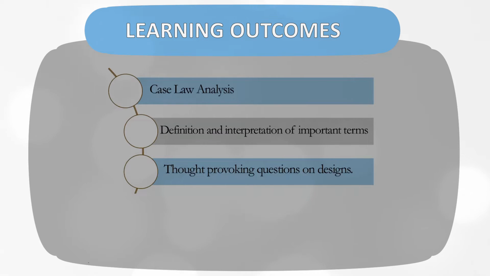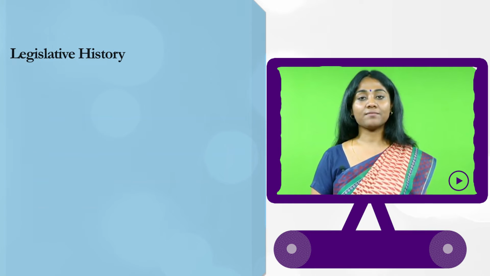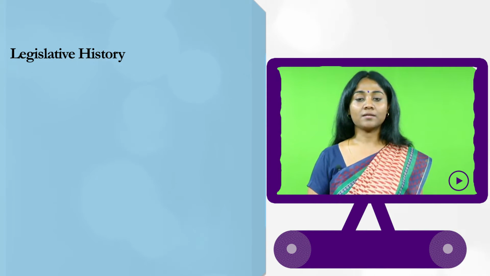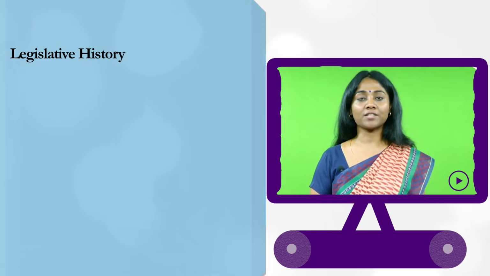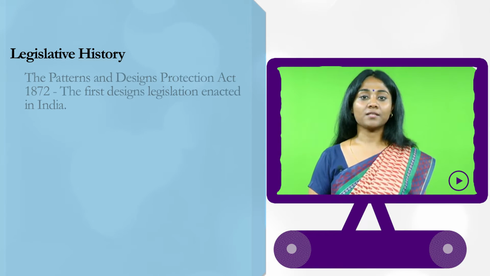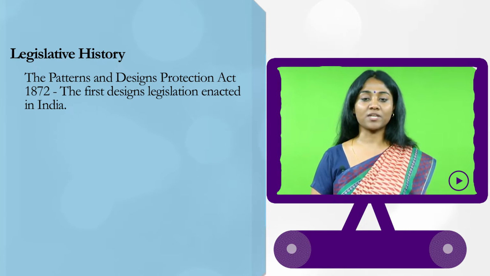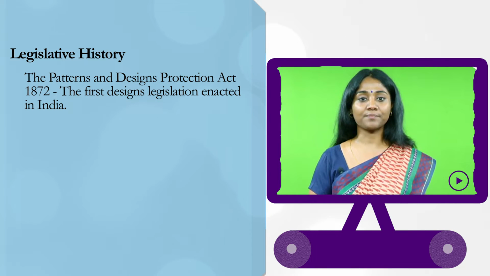So let's begin. The legislative history of the Indian design law turns all the way back to 1872. The Patents and Designs Protection Act of 1872 was the first design legislation enacted in India.